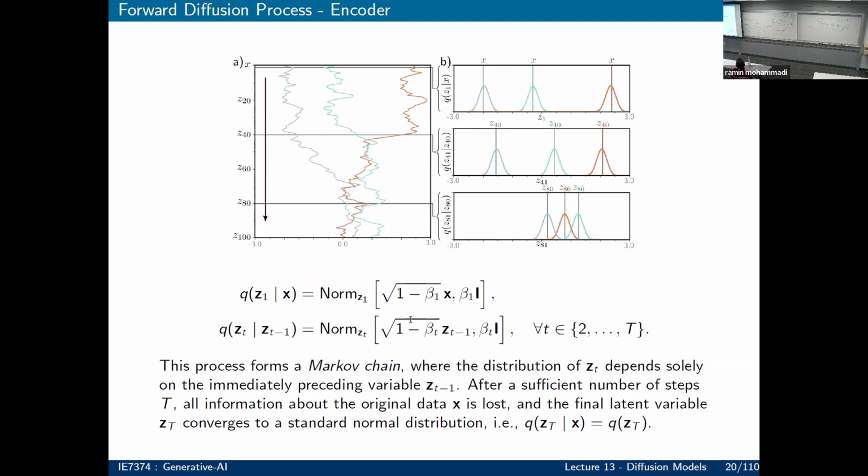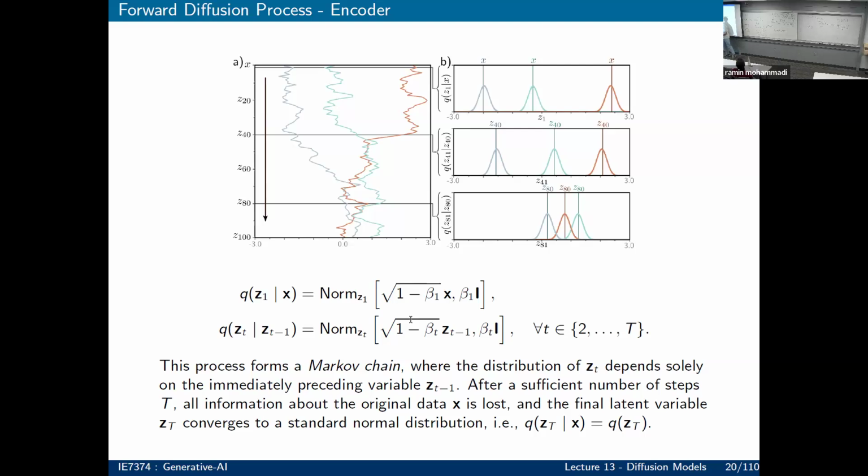Because we are adding noise, we force the end to be a Gaussian with mean 0 and standard deviation I, so they land in the same space at the end. You force all of these to go to almost the same place. This is at step 80, this is at step 100.